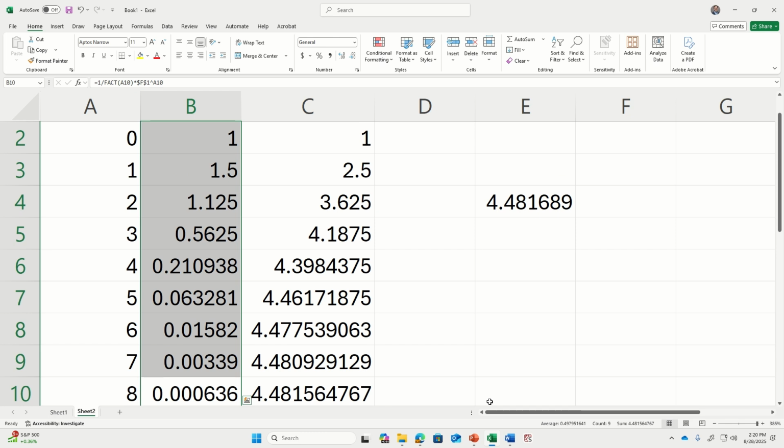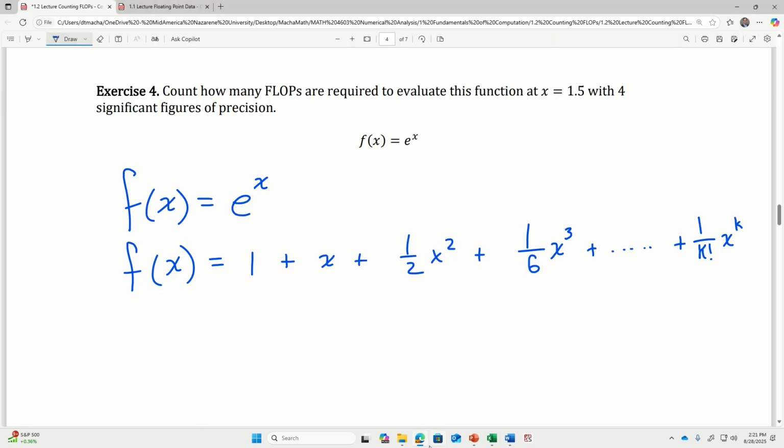Yeah, 9 terms. And so the largest power of x we need is x to the 8th power. We're going to have 1 over 8 factorial times x to the 8th power.